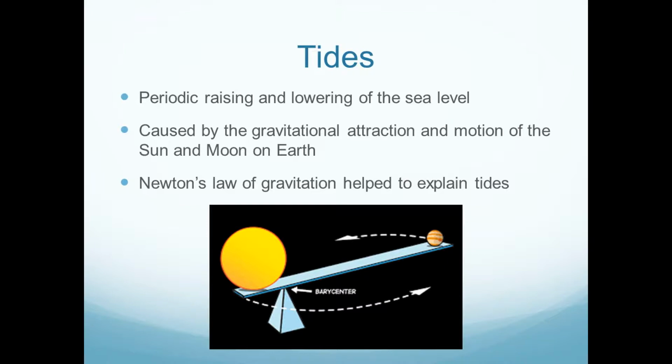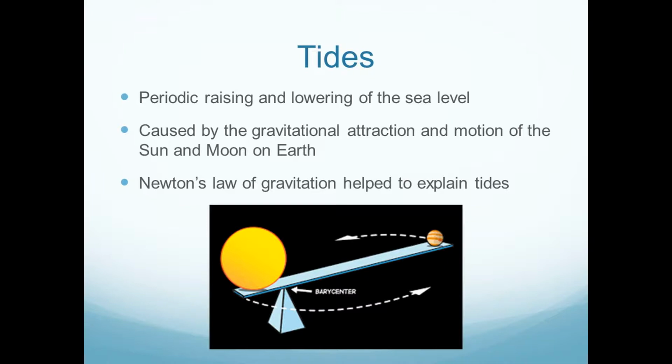So if you look at the image below on slide 2, you will see that the sun and the earth are a certain distance away, but because of the size of the sun, what's known as the barycenter is closer to the sun.